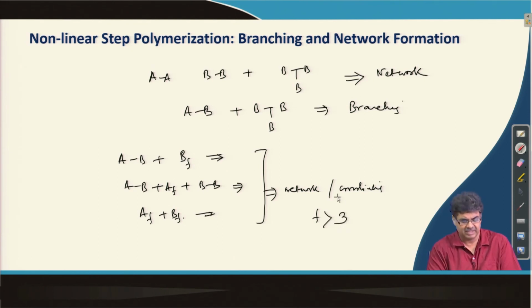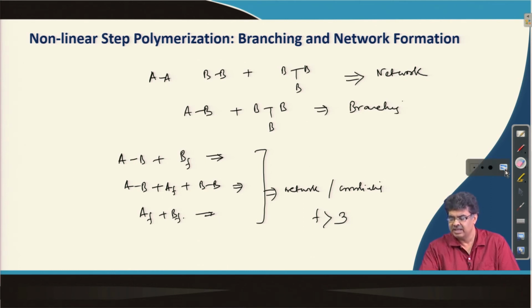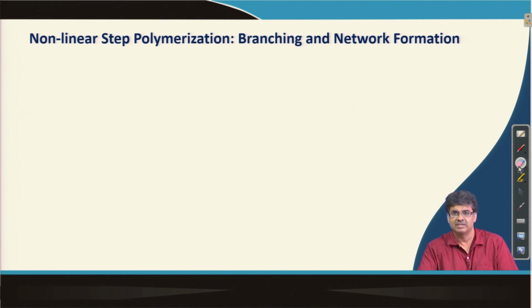So, these are some of the systems you can design if you want to get gel formation or network formation, and if f average is higher, then one can actually achieve the gel formation at lower conversion.